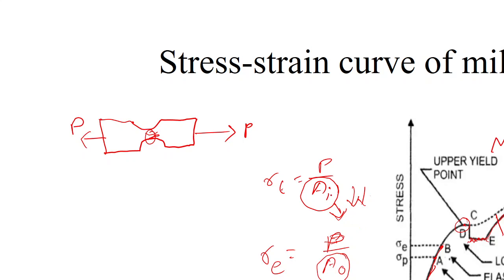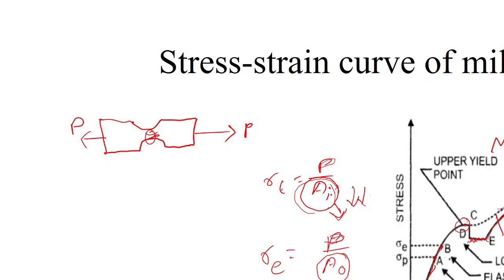For example, if we take this reduction in cross-sectional area into account based on the given value of load, then the stress value will follow this path, up to here. Whereas if you make the calculations based on the engineering or original cross section alone, it seems like the stress value falls after the ultimate strength.